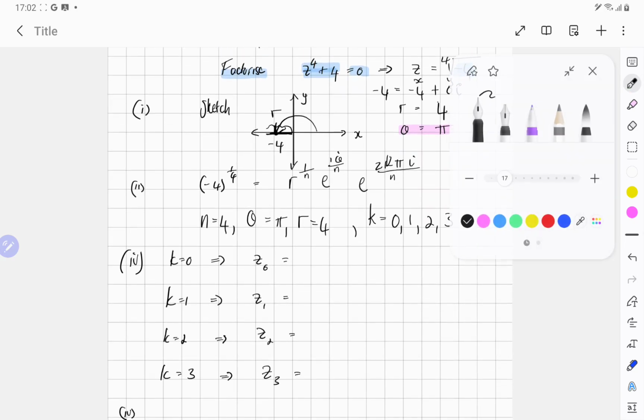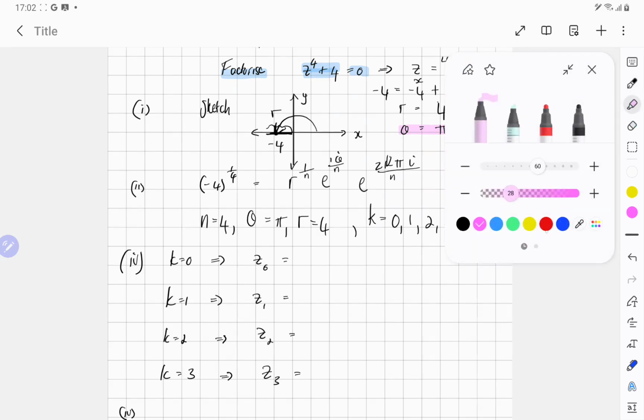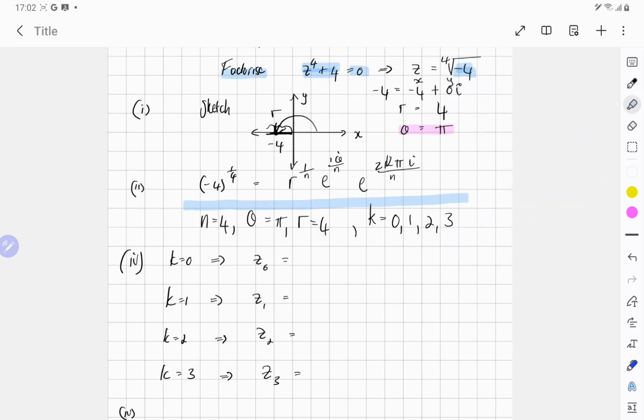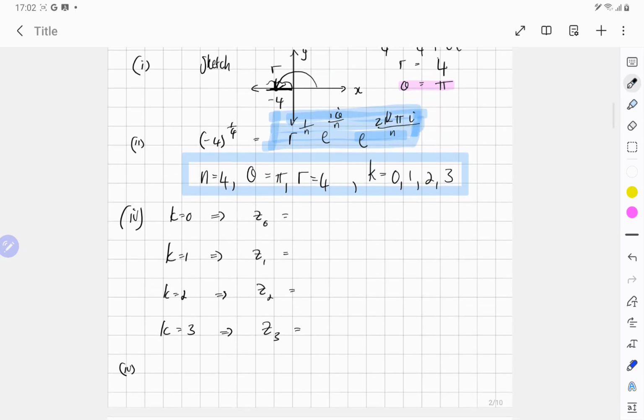I'm going to substitute everything that I have mentioned into my formula, which I really want you to study before you start with your examples. In this case, we are going to have 4 to the power of 1 over 4, e to the power of iπ over 4, and e to the 2kπi over 4.